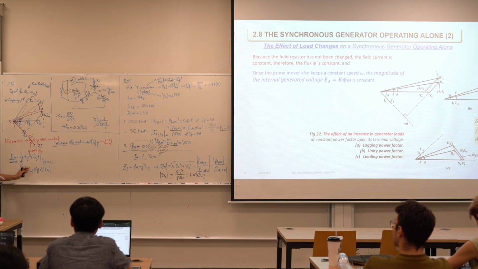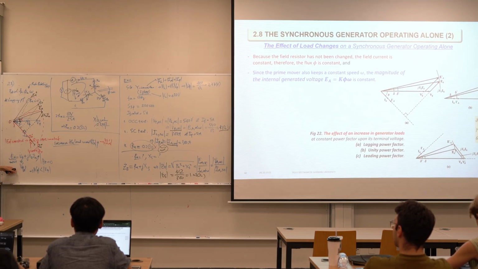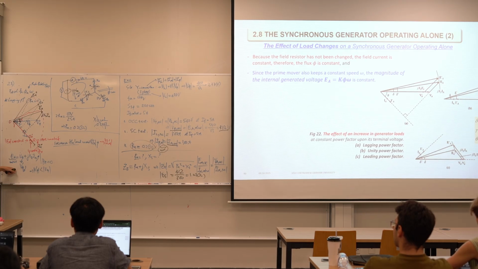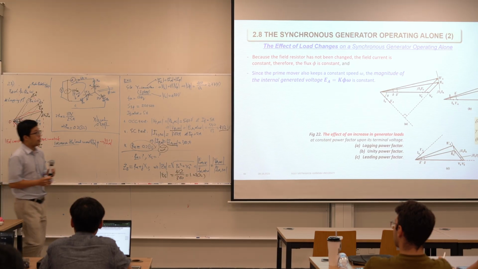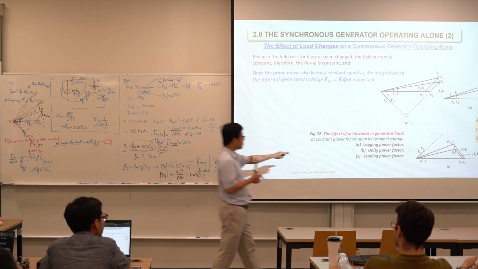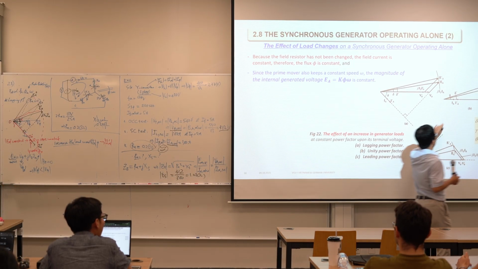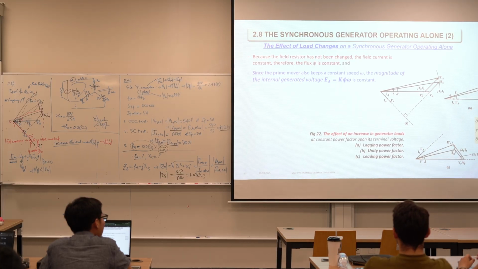We increase more and more IA, that means we decrease more and more V phase. You understand? And similarly, we have unity. Unity like this.